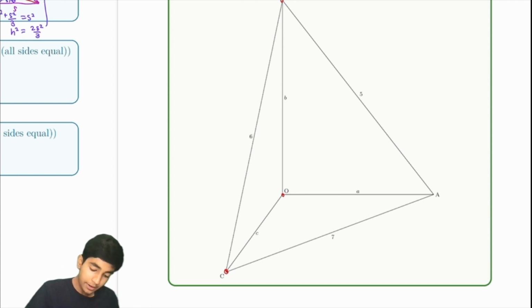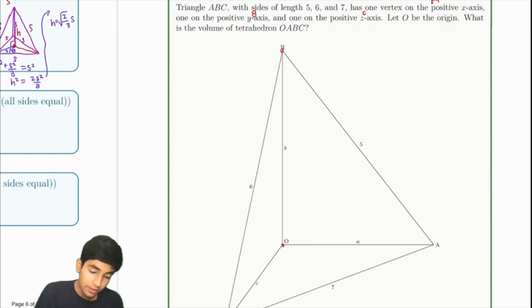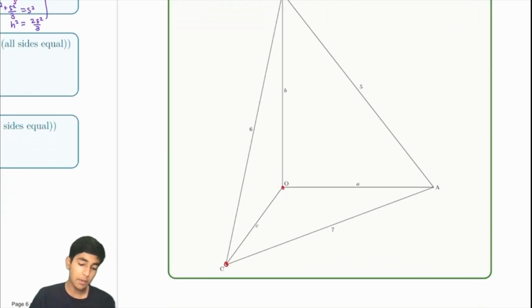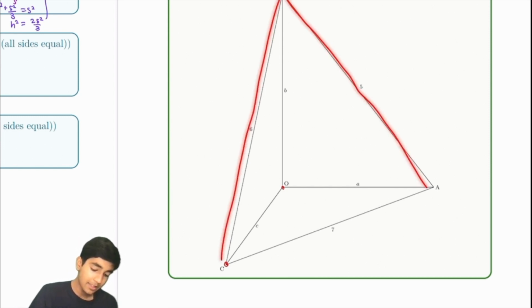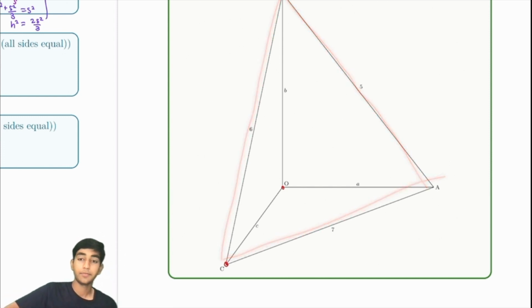And to find the base area, we just need to find A and C. And to find the height, it's just B. So essentially, we need to solve for these three variables, A, B, and C, to find the volume. How can we do that? Well, we're given these conditions, 5, 6, and 7. So we have to somehow use those conditions, that AB is 5, BC is 6, and AC is 7.